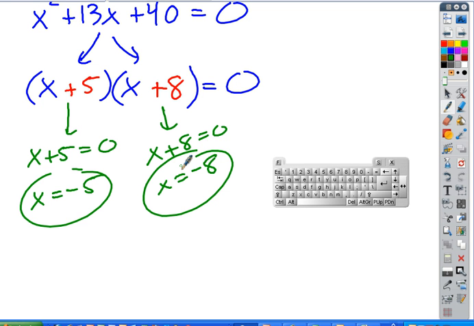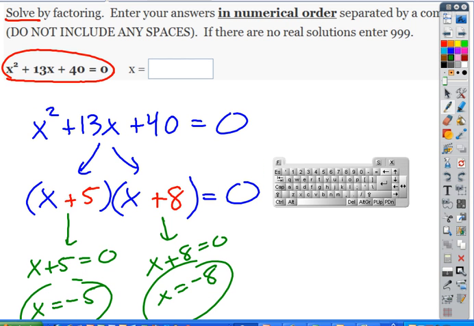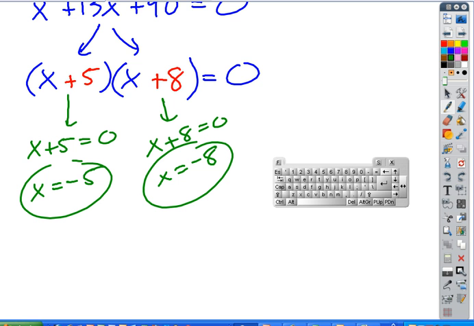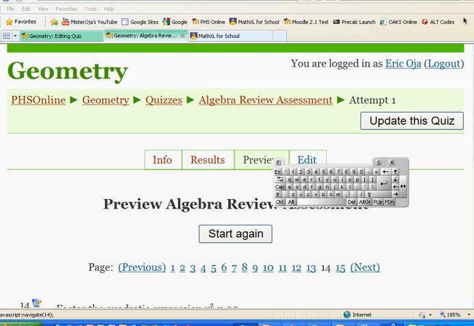Now we've got to go back to the instructions and make sure we're doing this correctly. It says express your answers in numerical order, separated by a comma. Numerical order means least to greatest. Which one would I enter first? Negative 8. So I'd go negative 8, comma, negative 5. Let's just see that happen.